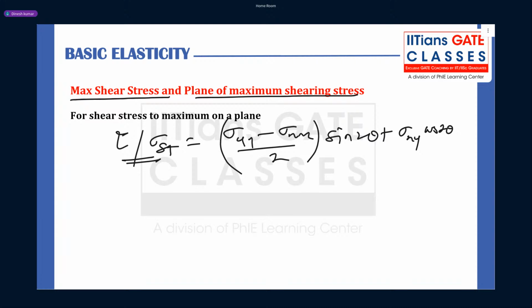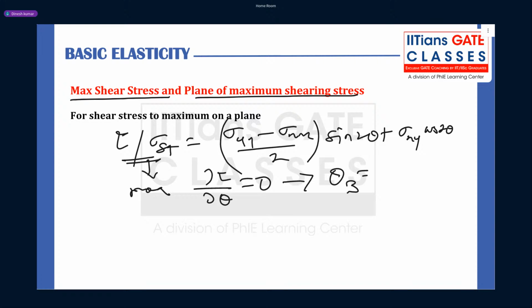So when will it be maximum or minimum? If you differentiate this tau with respect to theta and equate to 0, you will get the condition for theta for which it will be maximum or minimum. That is known as theta 3.